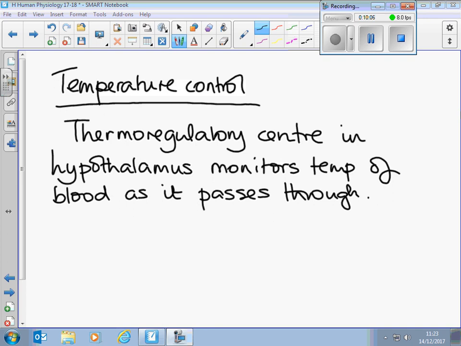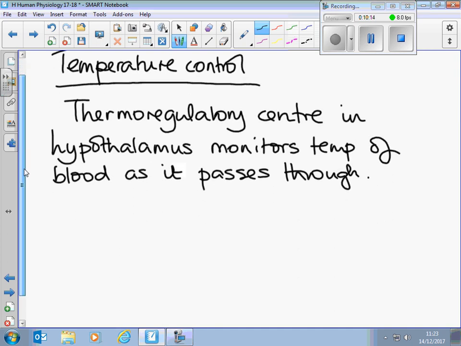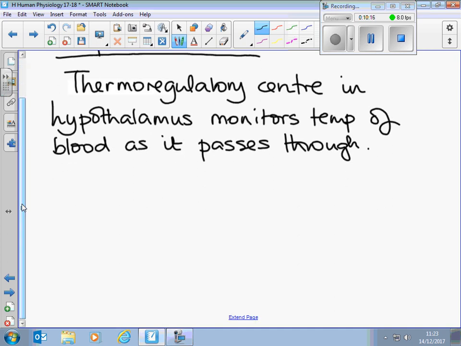So we've got two possibilities. We're either overheating or we are chilling, and so we need two ways of correcting this. If our body temperature goes up, so increased temperature, what we get are heat loss mechanisms.